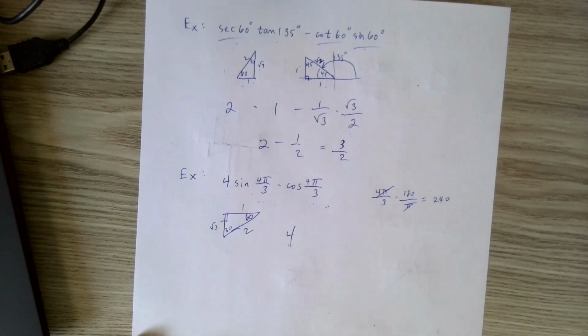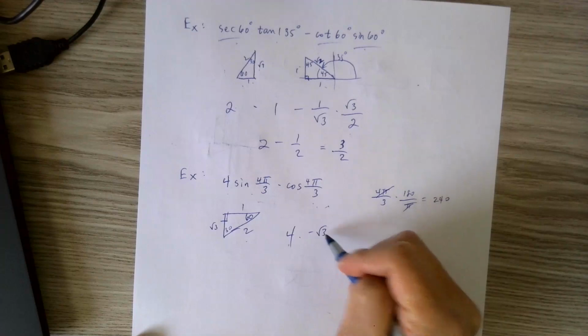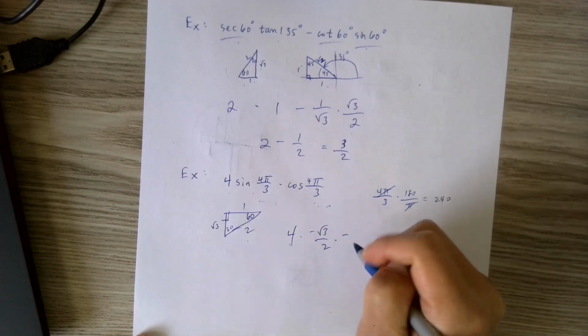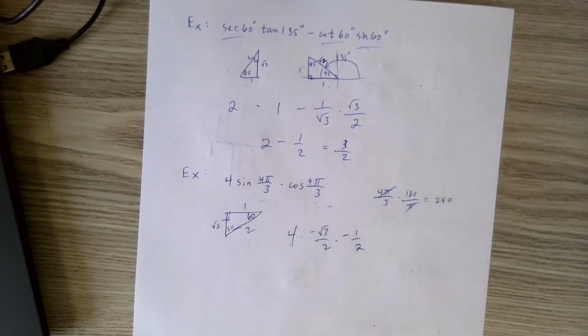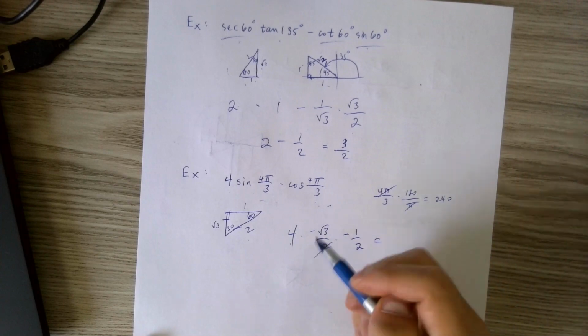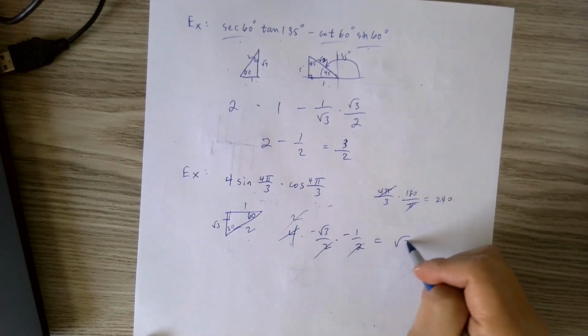I need the sine of that. Negative rad 3 over 2, because I'm in quadrant 3. Negative 1/2, because I'm in quadrant 3. Both cosine and sine are negative in quadrant 3. And that becomes rad 3.